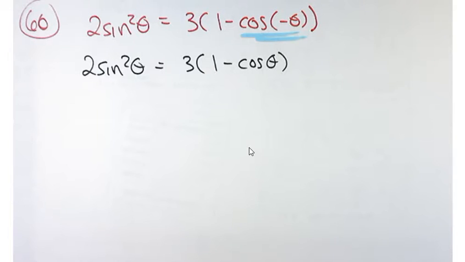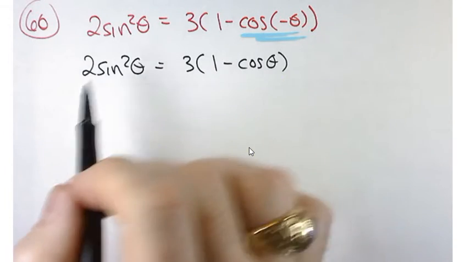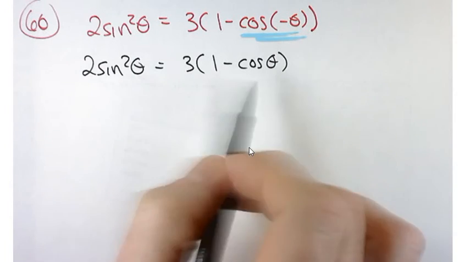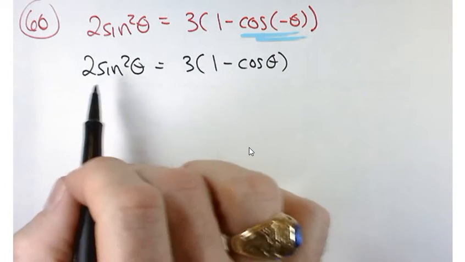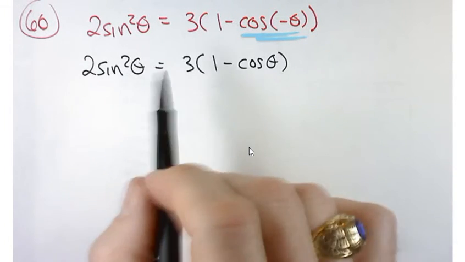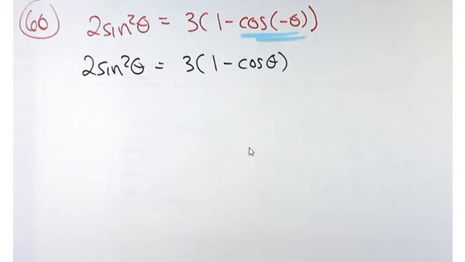Now, I'm stuck with sines and cosines in this problem, or a sine term and a cosine term, to be very grammatically correct. It'd be nice if I had just one function.